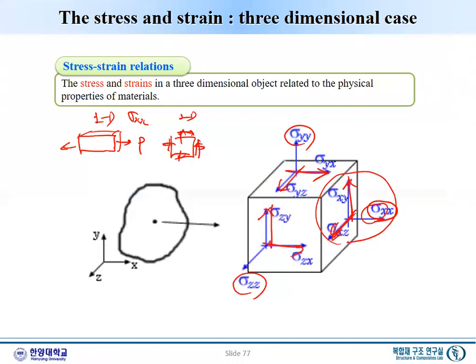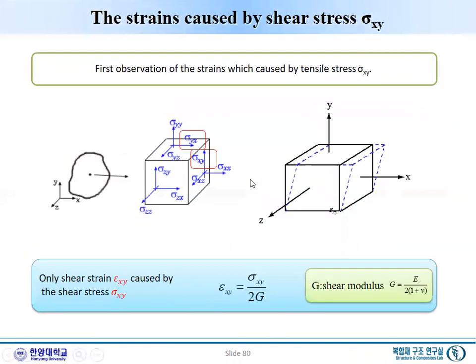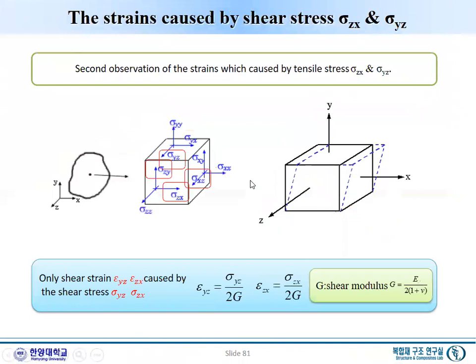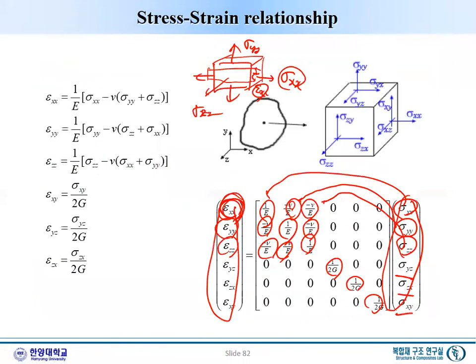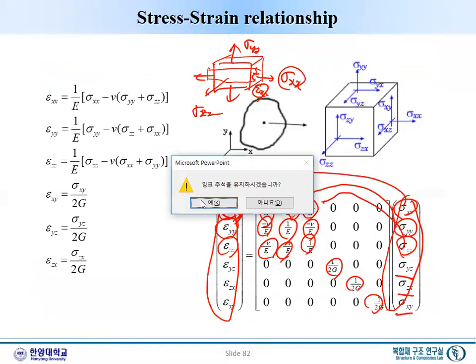So each surface we have 1 normal and 2 shear. So 3 surfaces, totally 9, but these are the same, that is the same, and this is the same, so totally 6 components. That is the 3D version. And component-wise, you have a nice picture here, so you can better understand.